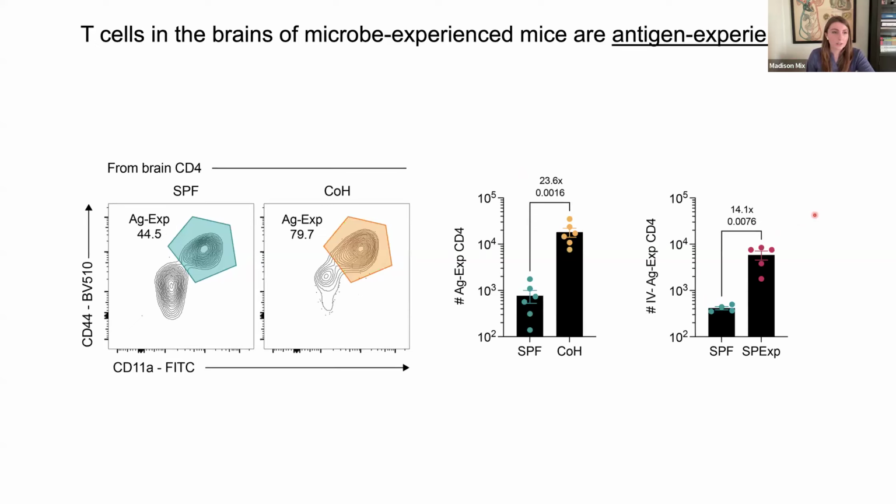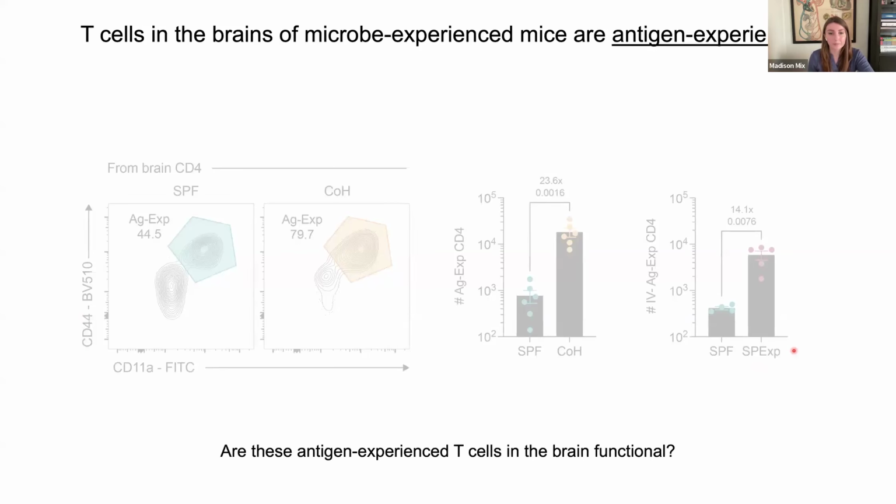We also did this for our CD4 populations, here adding CD44 just to get a little bit better resolution. And what we are similarly seeing in two polymicrobial exposure regimens is that co-housed and specific pathogen experienced mice are going to have these massive increases in overall T cell presence in the brain.